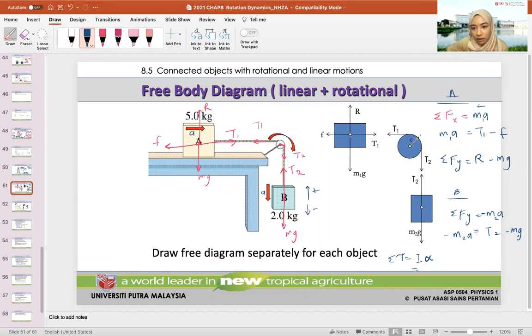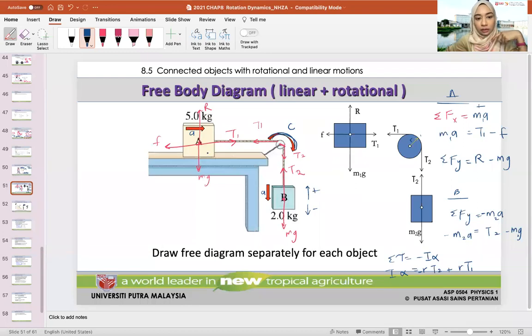So let's say this is R. So R T2 minus is clockwise plus R T1. So this is going to be equal to I alpha. Sorry, alpha, it's rotating clockwise, so it should be negative. My bad. This is minus I alpha, because we are assuming it's rotating this way, clockwise.